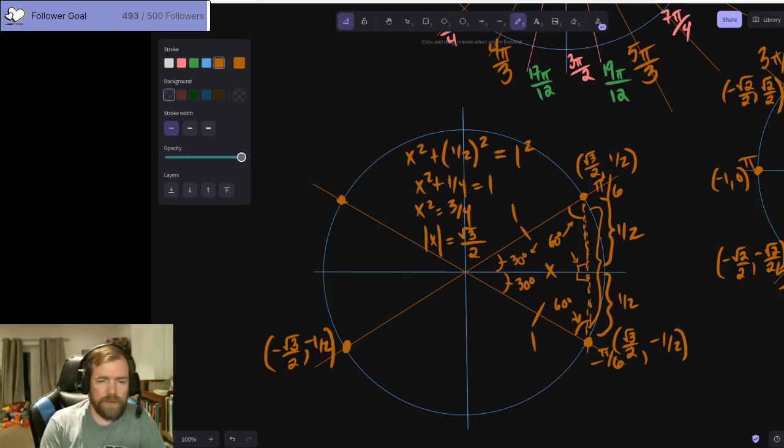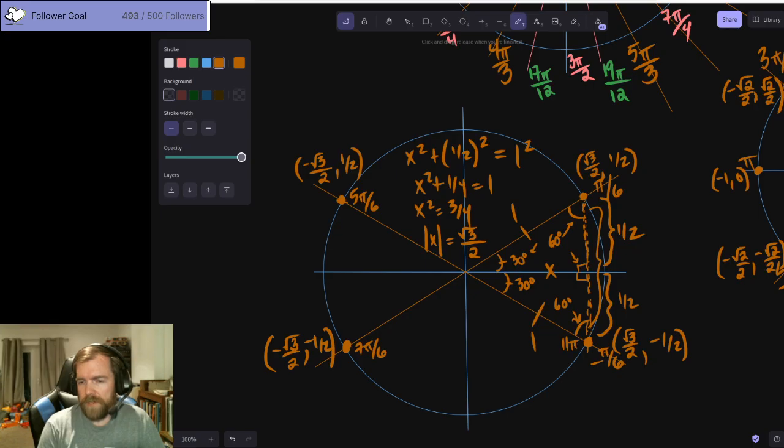So negative root 3 over 2 comma negative 1/2, and negative root 3 over 2 comma positive 1/2. Again, this one is going to be 5 pi over 6, and this one's going to be 7 pi over 6. This one is 11 pi over 6, or also negative pi over 6. We talked about that. Here, those are equivalent. And then this one's pi over 6 up there.